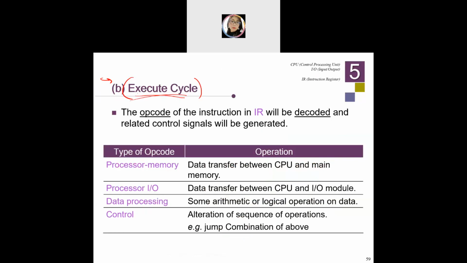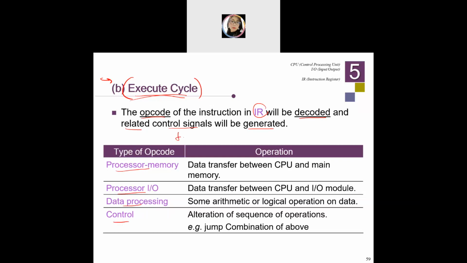So, the execution cycle. The opcode of the instruction in IR will be decoded from the previous fetch instruction cycle, and the relevant control signals will be generated. You're going to have several opcode types: processor memory, processor input output, data processing, and control.